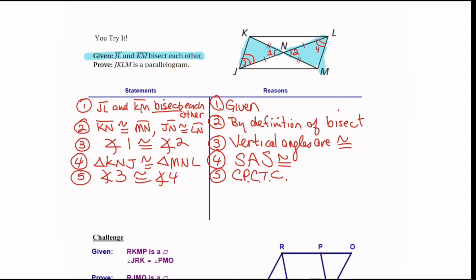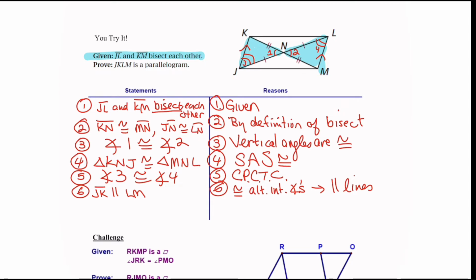And what that in turn gives us is the fact that these two sides here are parallel. So JK is parallel to LM because congruent alternate interior angles make parallel lines, or indicate that there are parallel lines there.